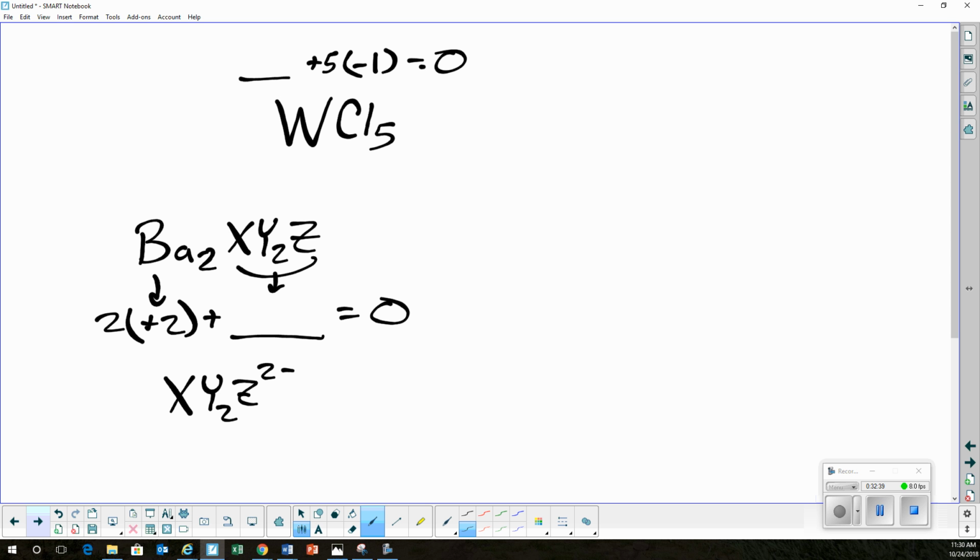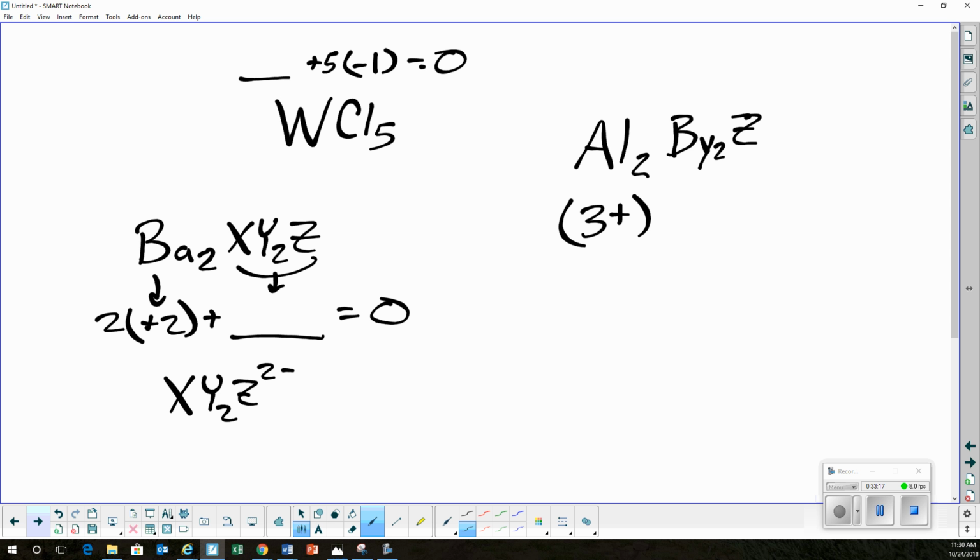So let's do another one. Say that I have this. I'm trying to make up letters here. Okay, how would you figure that one out? And if you go looking for B, Y, and Z on the thing, we're in trouble. Okay, you should know that some of them are bogus. So first of all, what do I know? Aluminum is a +3, yeah.